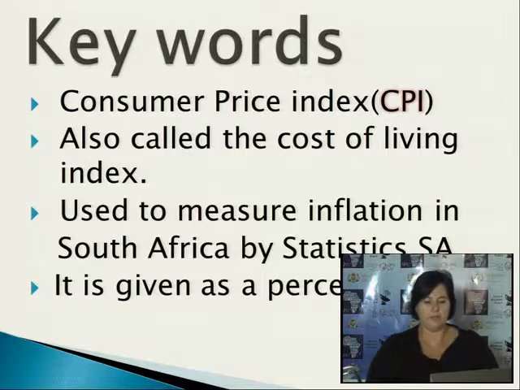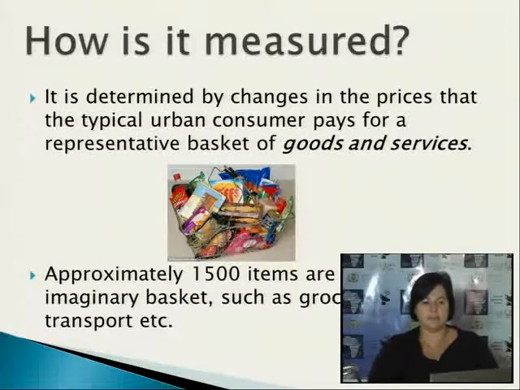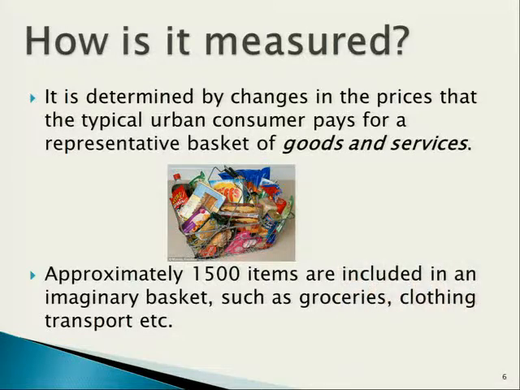Right, now, how is it measured? Now, it is determined by changes in the prices that the typical urban consumer pays for a representative basket of goods and services. I want to go back to that part where it says the typical urban consumer.